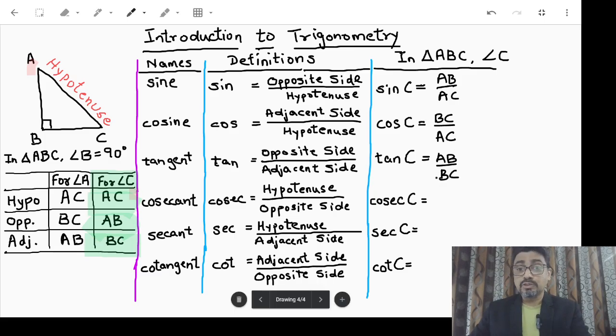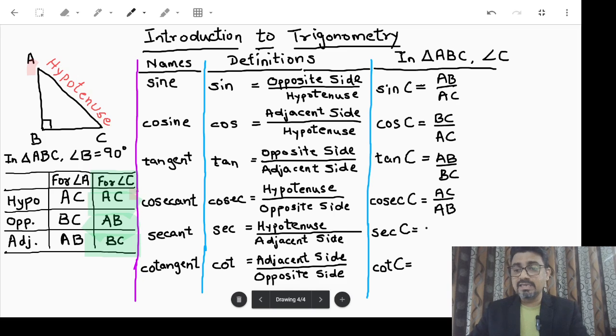Cosec C. Cosec is reciprocal of sine, hypotenuse upon opposite. You can also look at sine and just make its reciprocal. Sine of C was AB upon AC. Cosec of C will be AC upon AB. Next, sec. Sec is reciprocal of, yes, cos. So reciprocal of cos. Cos C was BC upon AC.